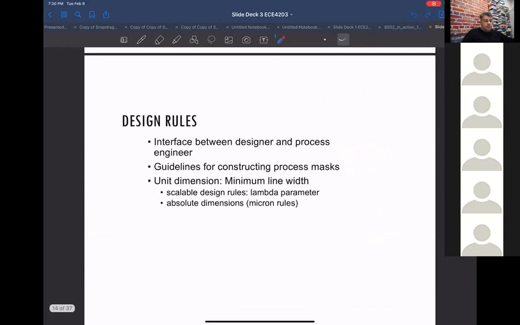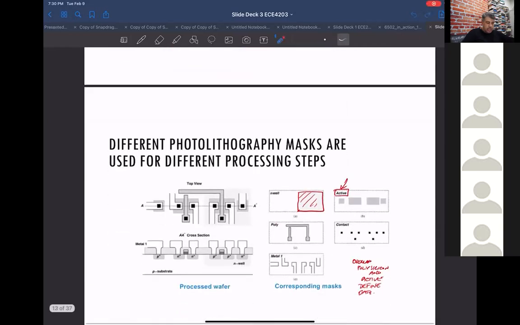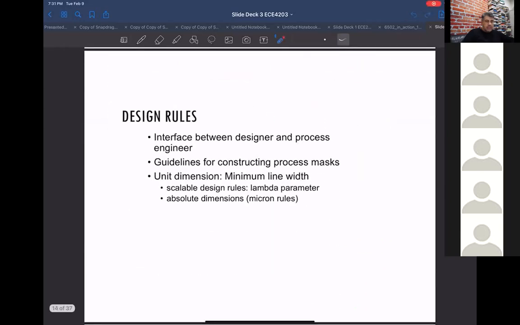Now you can't just make these any size you want, because the foundries created this process, so you can't make this gate too narrow, otherwise they can't print it. Or you can't put this piece of metal too close to another piece of metal, otherwise they might get a short across it, because they can only print things geometrically so well on the wafers. So this leads to something called design rules.